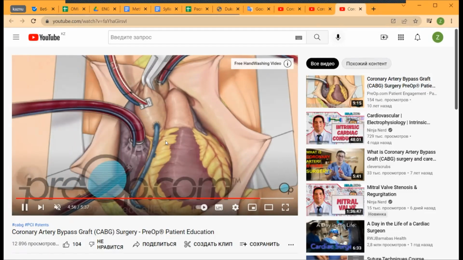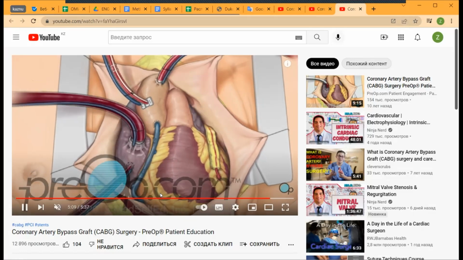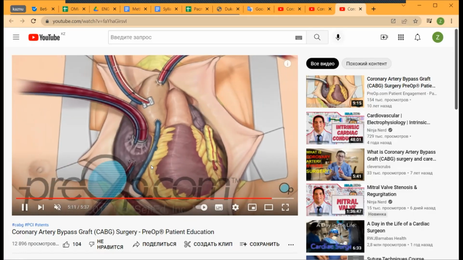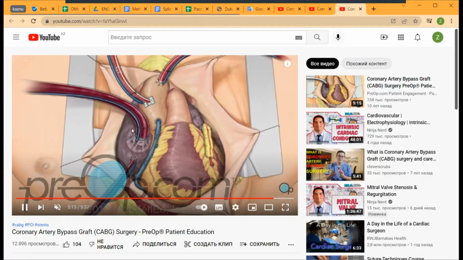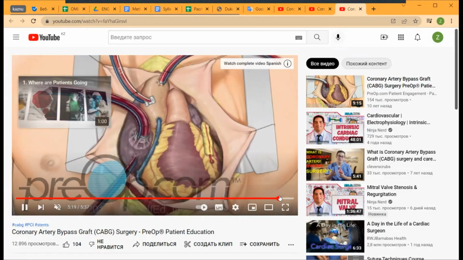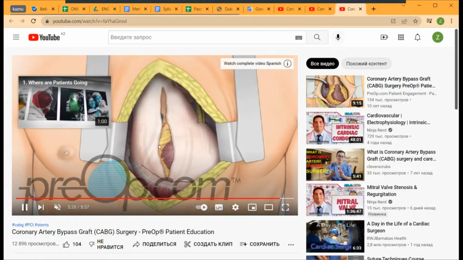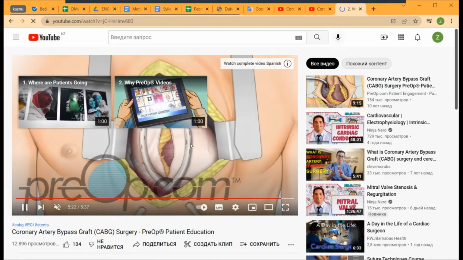Now we can stop the heart and operate. This is a section of the great saphenous vein, for example, and we do our bypass. Maybe this artery was closed by atherosclerosis or something like this, and we do the bypass operation and restore the flow. Okay.